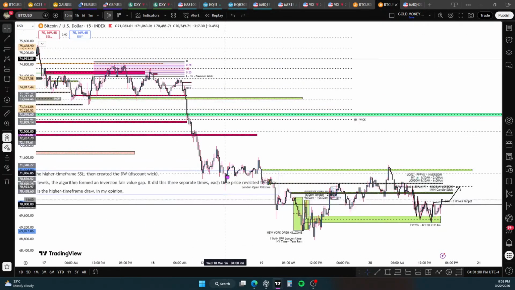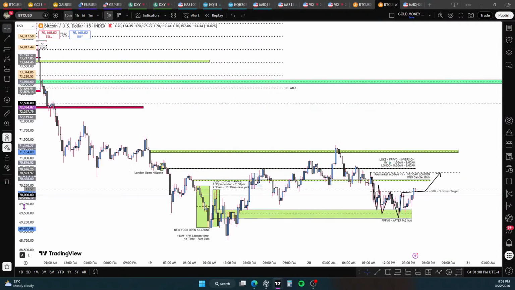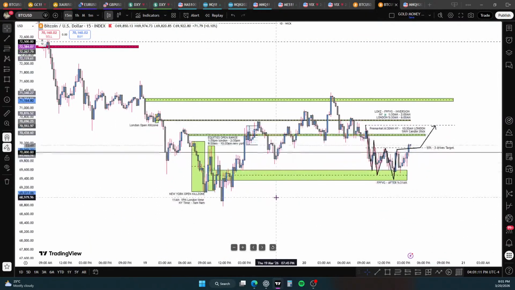The three drives pattern is actually a very strong reversal pattern. And to be honest, if you can notice it, then yes, it is quite powerful. This here could be called a three drives pattern. It's crazy how I'm just seeing them.